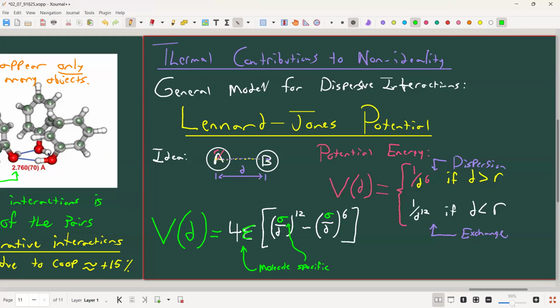Okay. So what we're going to find is that sigma has something to do with the length scale, the average distance, and epsilon is the strength of the attraction. And we'll see that when I plot it. This is the attraction strength. And this is the average length, the average distance scale.